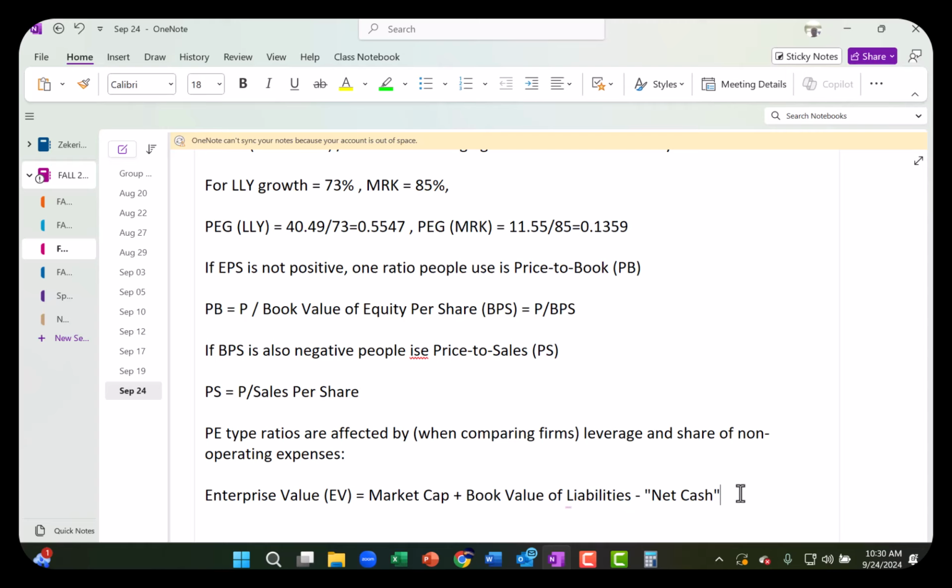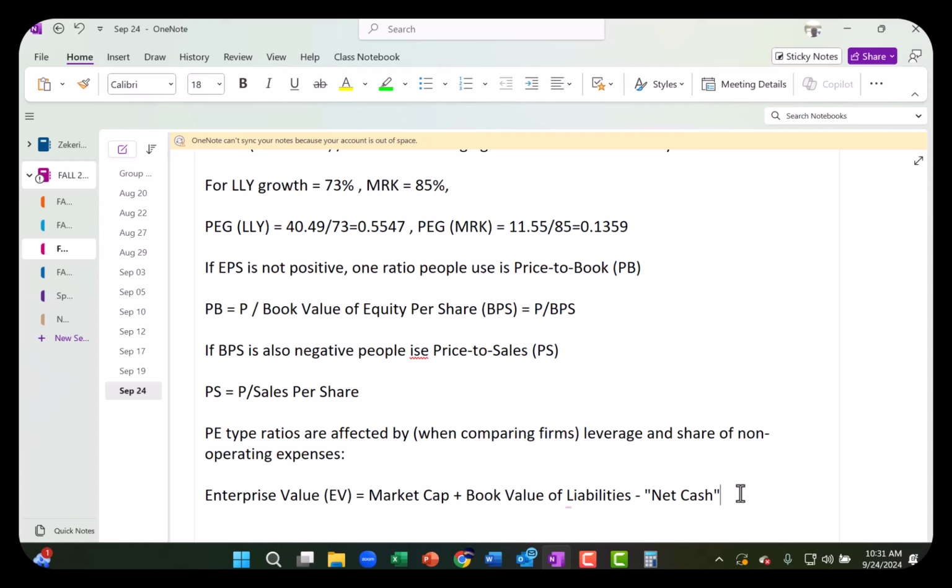The idea behind the enterprise value is to make an estimate of what market values the business, the core business. We're taking the cash out because that's not part of the business. Market cap is your market value of your equity.